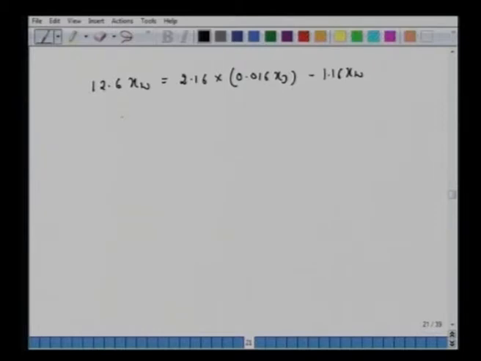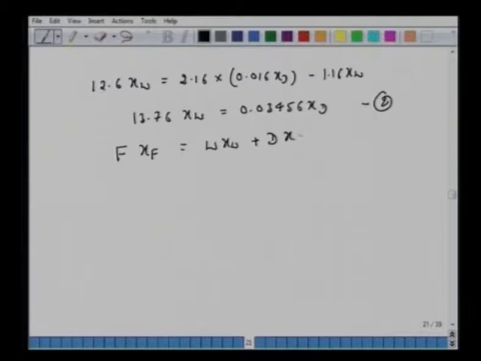So now we get one more relation between Xw, the bottom product, and Xt, the top product. Xw equal to 0.03456 Xt. So this is the second equation we have. The first equation we had is F Xf equals W Xw plus D Xt.